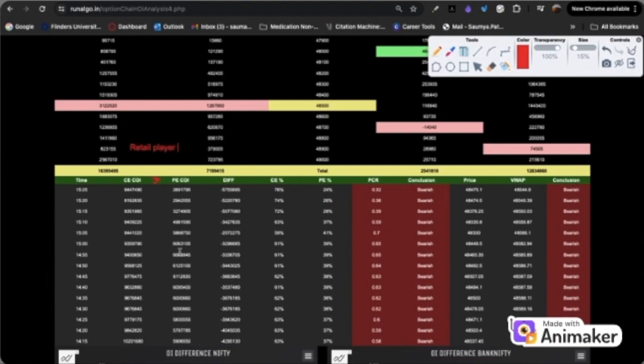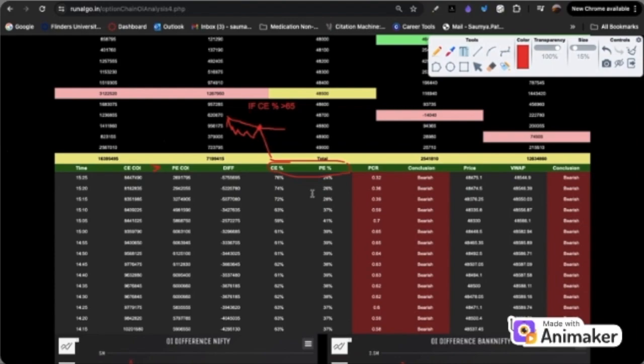Agreed that there is more call open interest, but that doesn't necessarily mean that the market is in favor of a put option buyer. But what we can see is the call percentage. Let's talk about going down first.